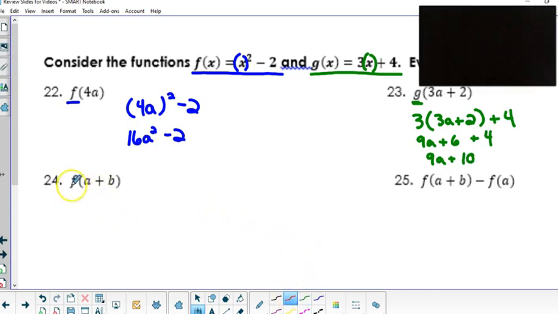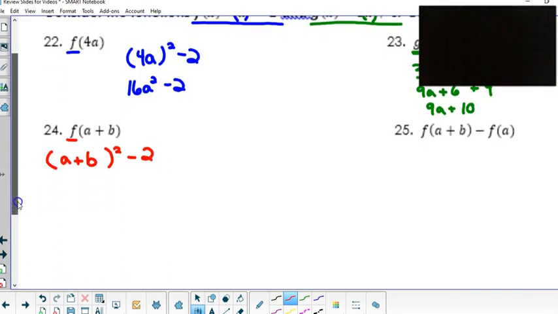Okay, our next function is f of a plus b. So we're going to use the f function, which is x squared minus 2. But instead of x, we're going to replace it with a plus b. This is where students get messed up on this all the time, so I'm going to write out everything right here. When you do a plus b, the quantity squared, squared means times itself, so it's a plus b times a plus b.